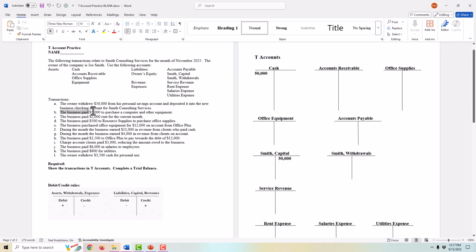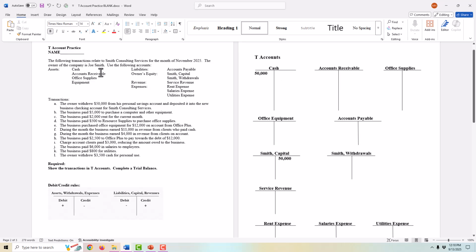Okay, and then the business paid $5,000 to purchase a computer and other equipment. When you see the word paid, assume that means paid cash, unless it tells you otherwise. So that's going to subtract from cash if they're paying money out of the business. And they're purchasing a computer and other equipment. So that's going to add to the equipment of the business. The business just increased the amount of equipment they have.